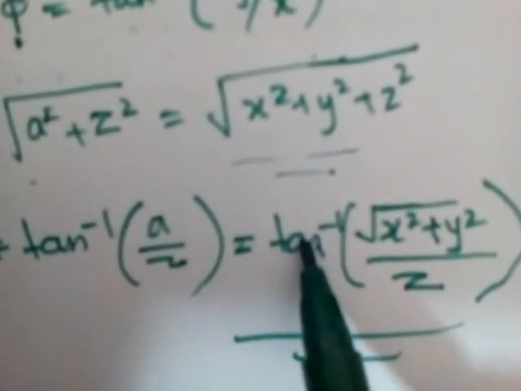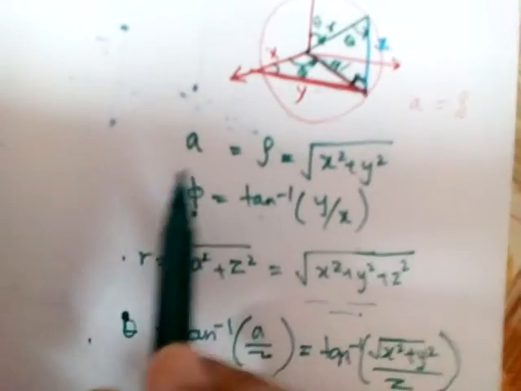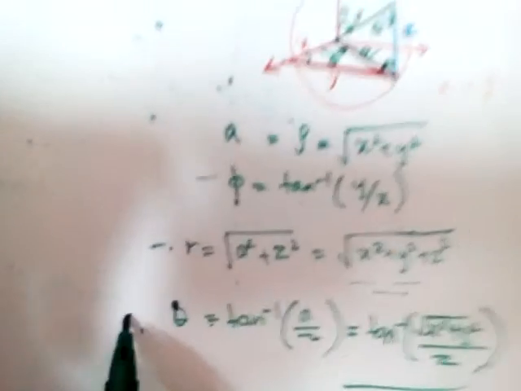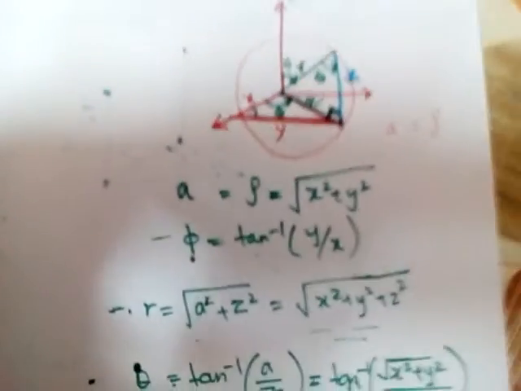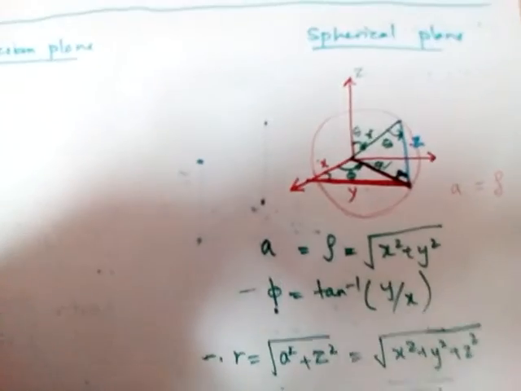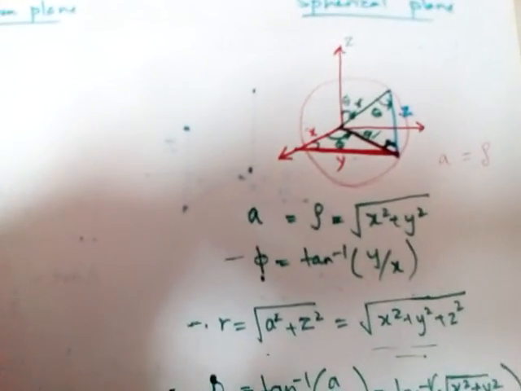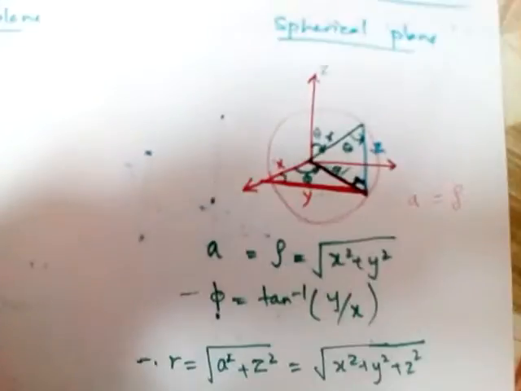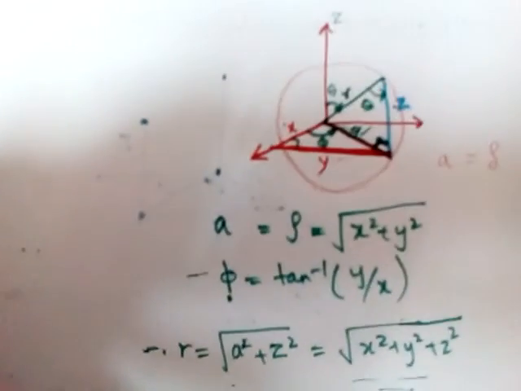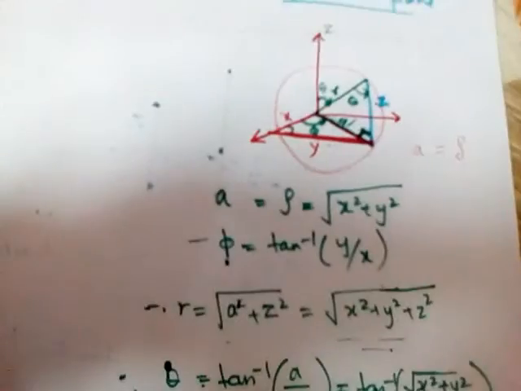So this is my theta. So I got my theta, I got my r, I got my phi. What else do I need? I don't need anything else. But we also need to understand the spherical coordinate system with respect to the cylindrical coordinate system. So this was the spherical coordinate system with respect to the Cartesian coordinate system, guys. Okay. Thank you.